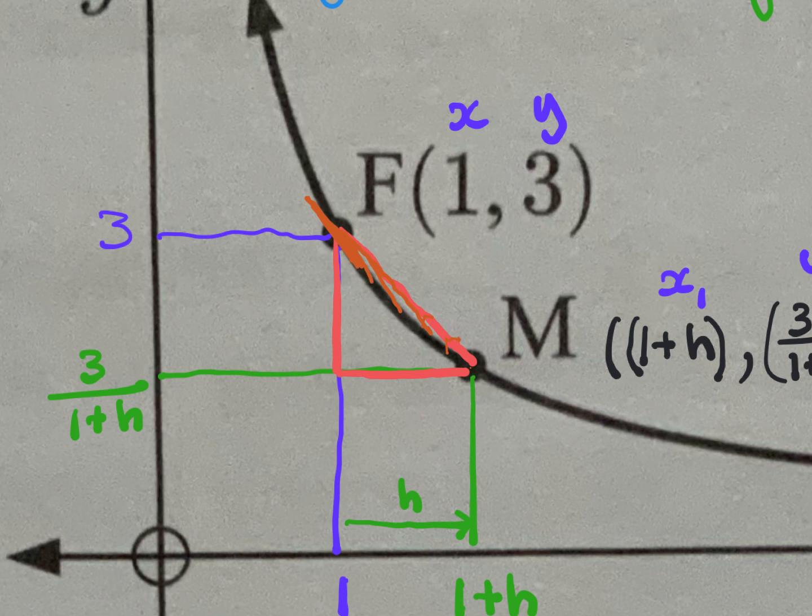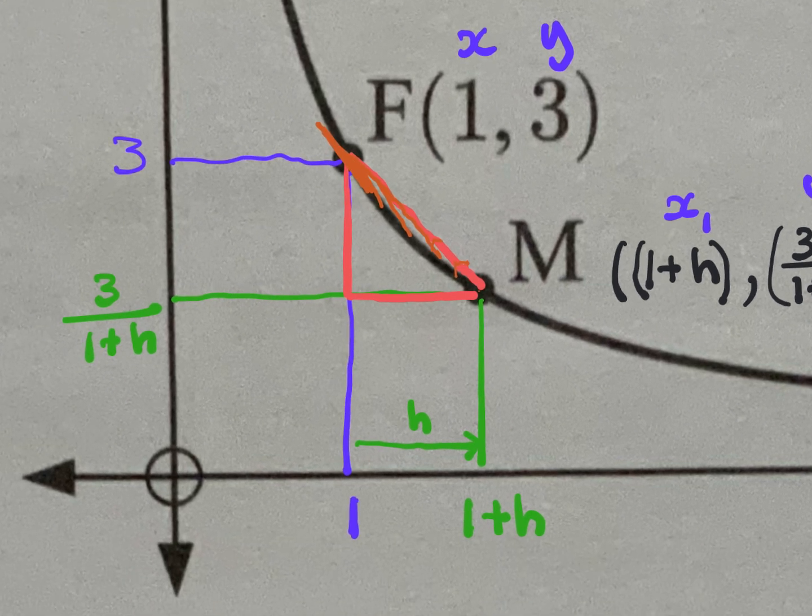What am I actually doing with that value h? I'm actually bringing that value h closer towards 0, so it is no longer 1 plus h.